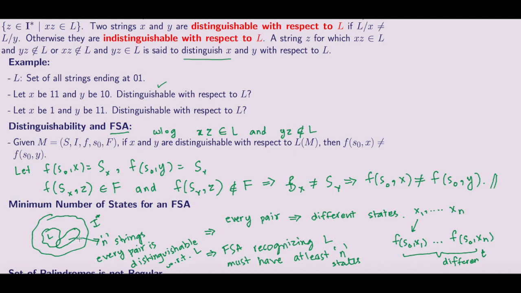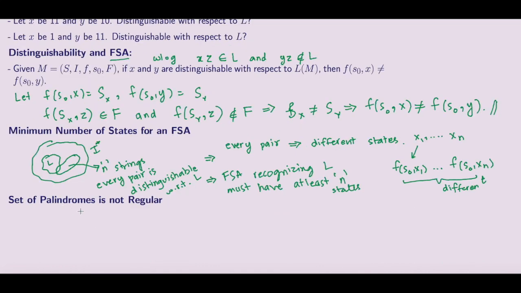Now we turn our attention to the set of palindromes. Palindromes are strings which read the same way forward and backward.